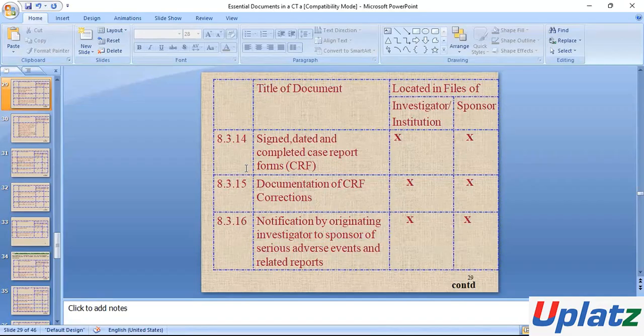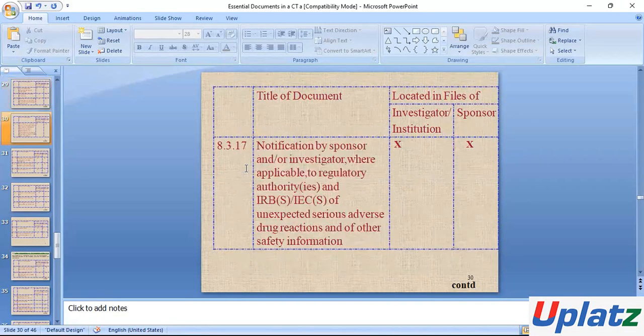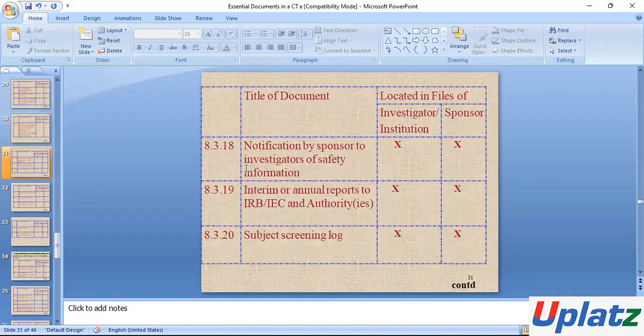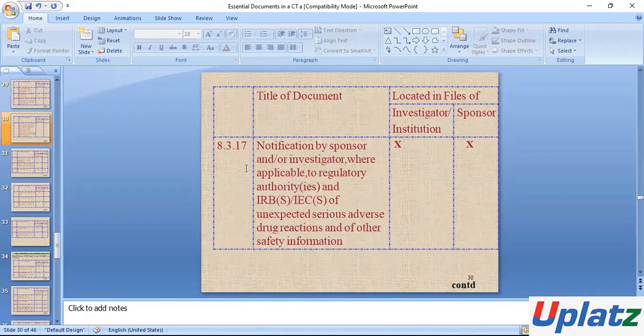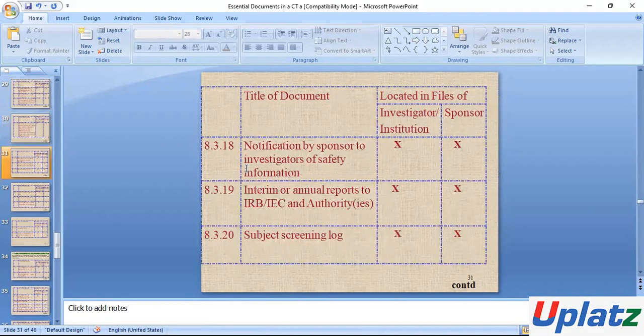So adverse events and serious adverse events and also important events will be recorded. Again, any notification by the sponsor to the IRB/IEC on unexpected serious adverse events or drug reactions or any other safety information has to be recorded by both the investigator and the sponsor.